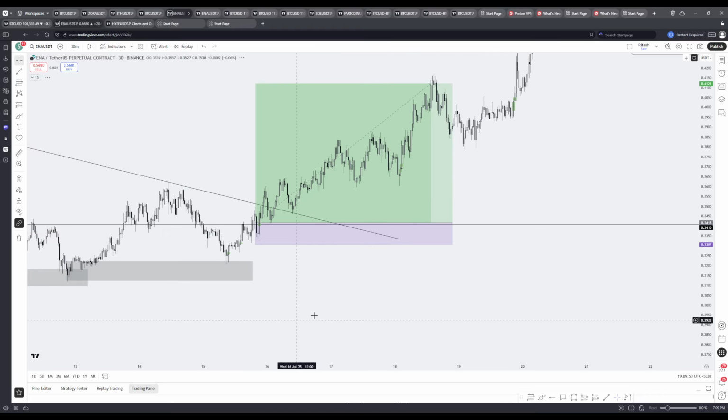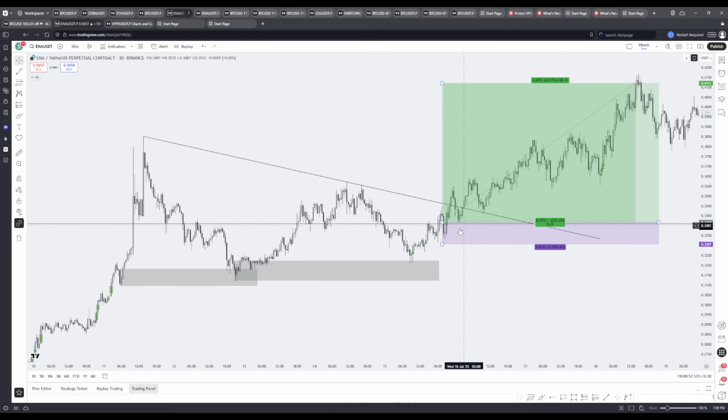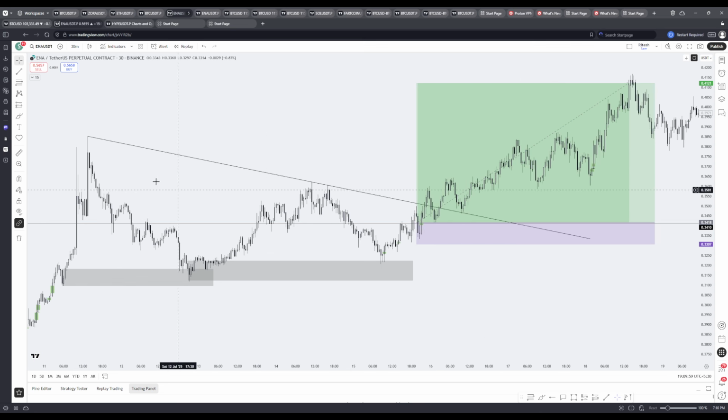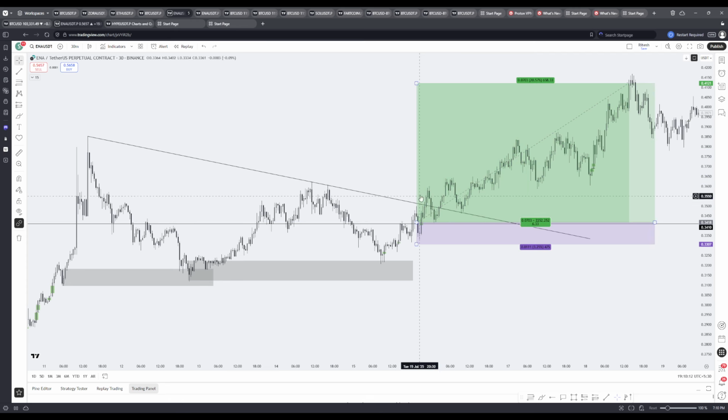Okay, this. A lot of people love to trade a trend line setup like this. What they do is they see a candle close here and they just go long and have their stop loss just below this dimension. Okay, and they get stopped out, you can see.